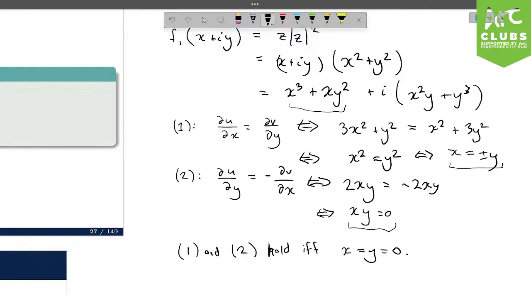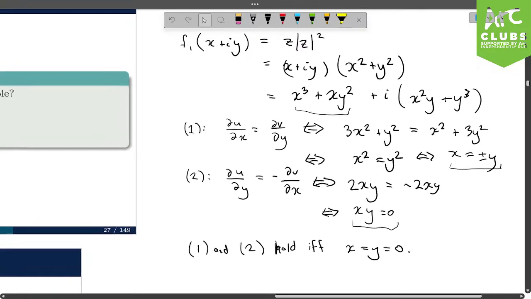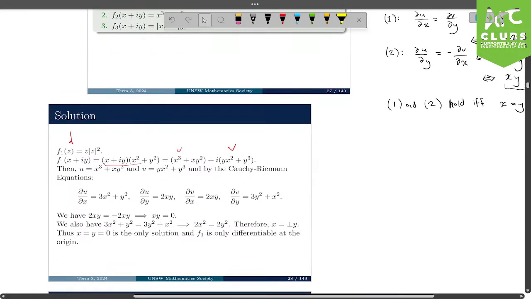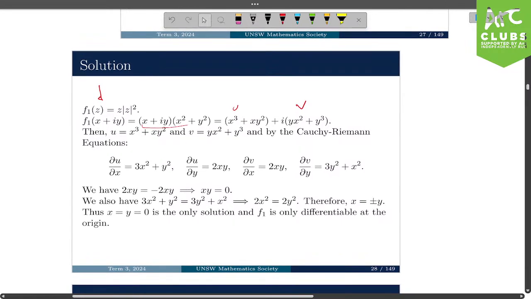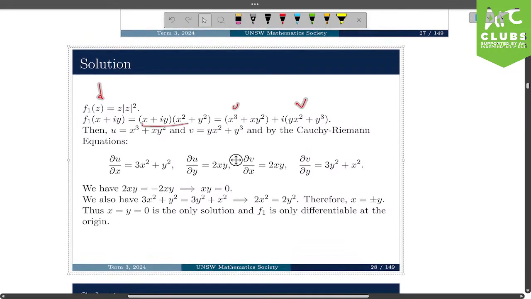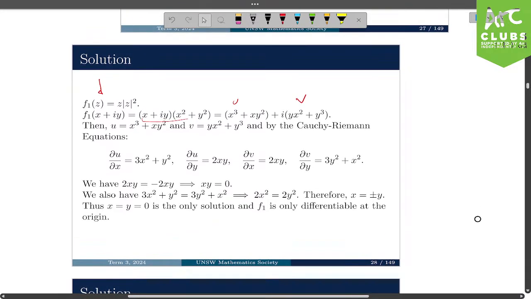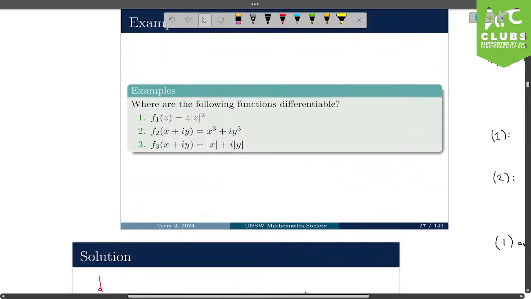That means our function is only differentiable at the origin, the point where x equals y equals 0. This is essentially what we do in our written solution as well: substitute into our equations, and we get that x equals y equals 0 is the only place where the equations actually hold. All right, what about this second question?